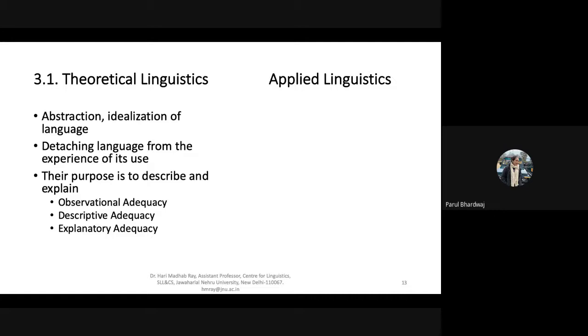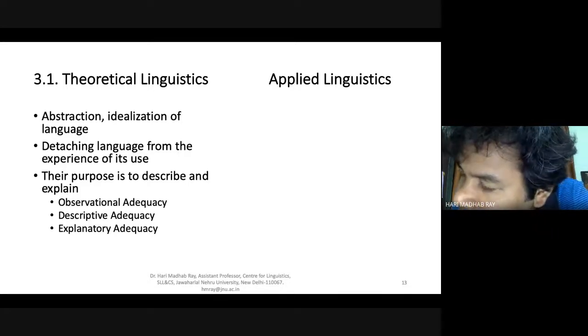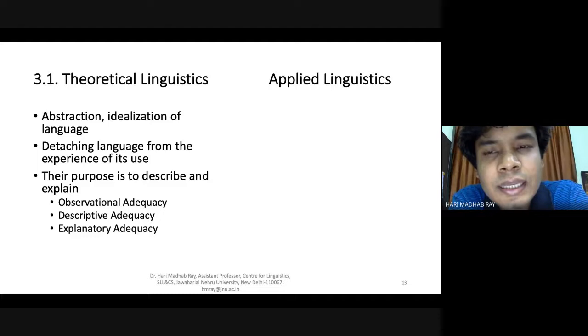But explanatory adequacy is something natives have about their language, where they can figure out whether something is right or wrong intuitively. Okay, Parul, to some extent you're right. Anyone else?